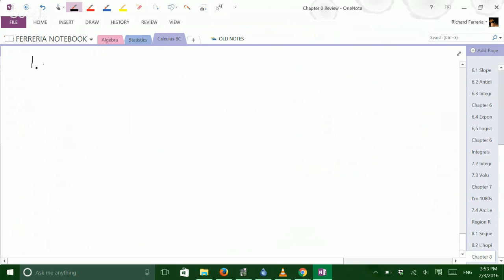So we're multiplying each term by 1.5, which tells me that this is a geometric sequence. That tells me that r is equal to 1.5 and the first term is 1.